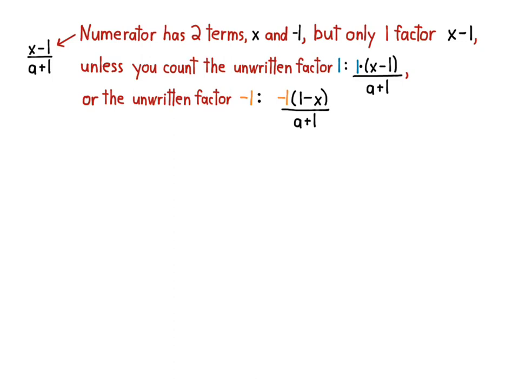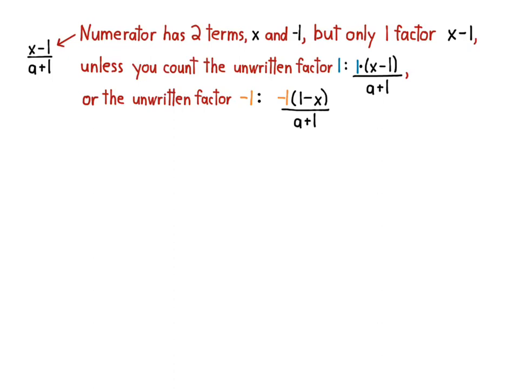In this case, it's more often useful with the numerator. When you have a difference of two numbers, it's more common that writing it as negative 1 times something is useful. So here, if I wanted to write it that way, negative 1 is a factor in the numerator. The way it would look, though, is negative 1 times the quantity 1 minus x.